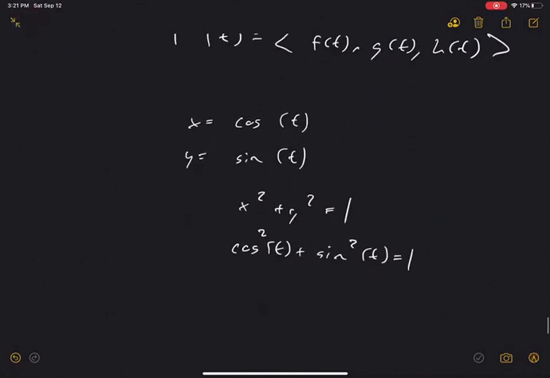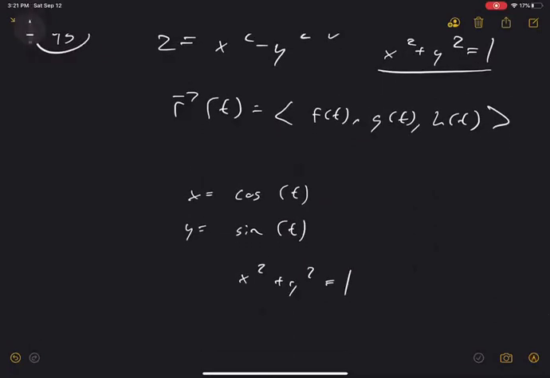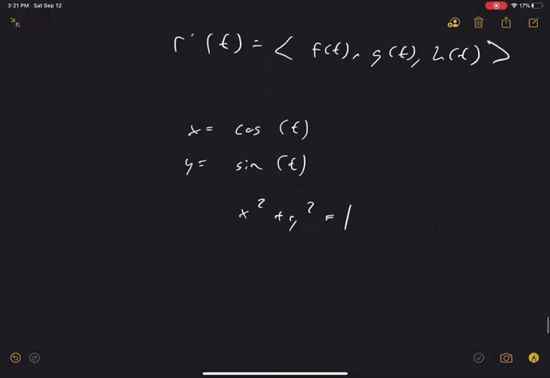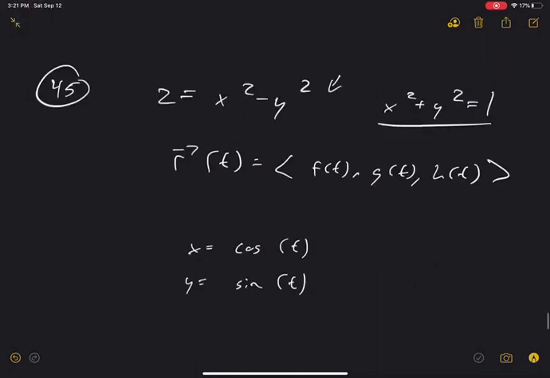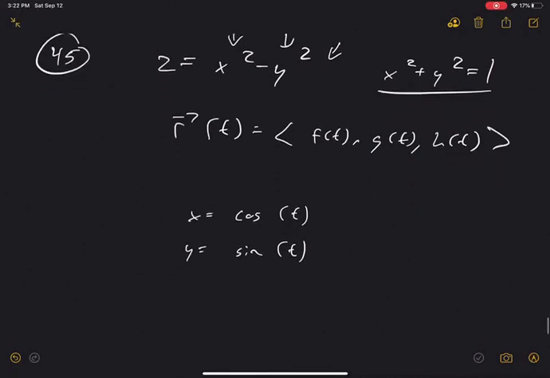And do they? Well, as long as I let z, well, I don't even have to solve for z, right? Because this left equation gives me z in terms of x squared and y squared. So if I know what x squared and y squared are, I automatically know what z is.